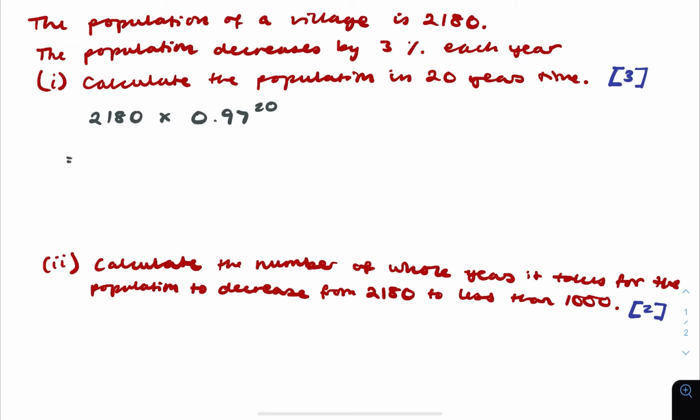So that's equal to, and we can use our calculator to do this, 2180 times 0.97 to the power of 20, and that gives us 1185.47, but since we can't have a half amount of people, we can just round this to 1185.